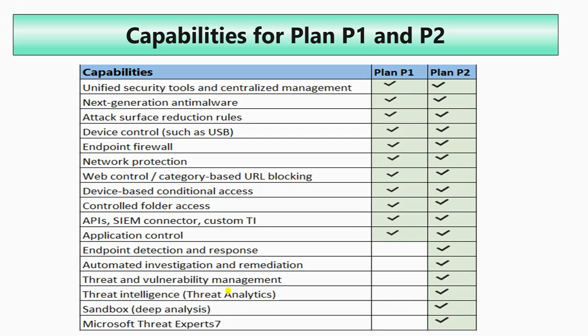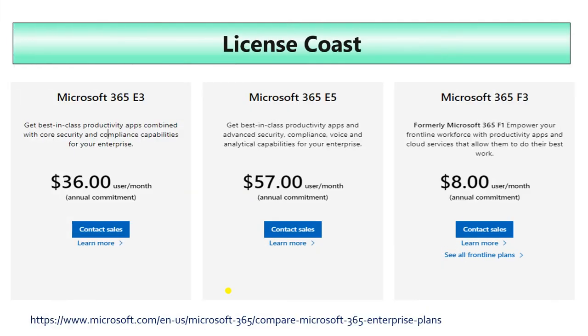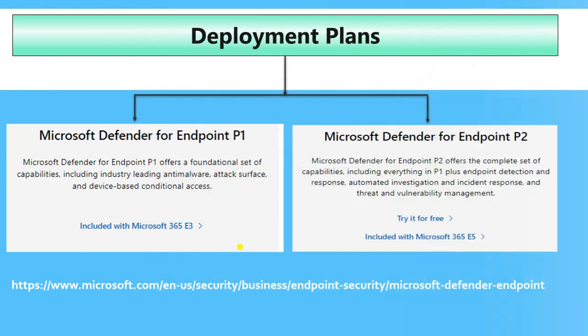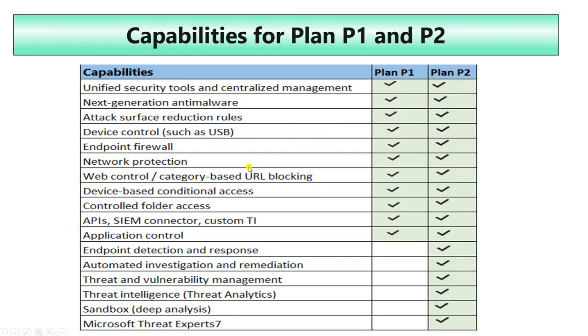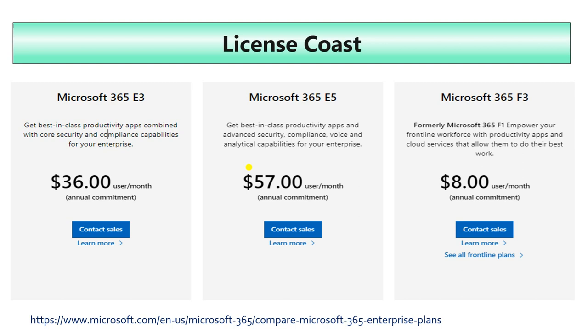Now let us understand the license cost. As I showed here, E3 comes with the P1 plan, so based on our plan, we have to purchase the license. If we go with the E3 license for Defender P1, then it will cost $36 per user per month.